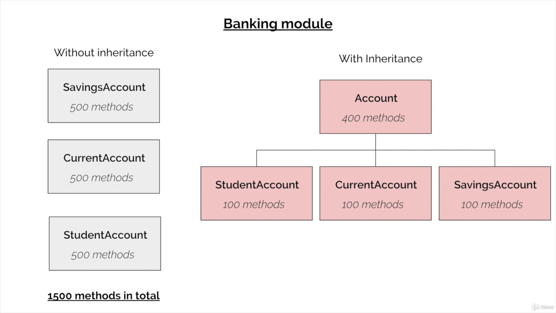Now if you have to make any changes in future in the withdraw function, let's say earlier our bank was not validating the user before withdrawing, and now we are also validating them. Without inheritance, you have to add this change to the code in all three classes.